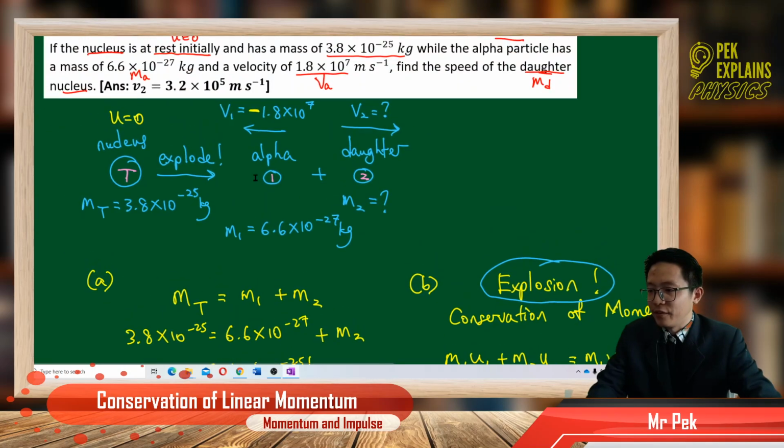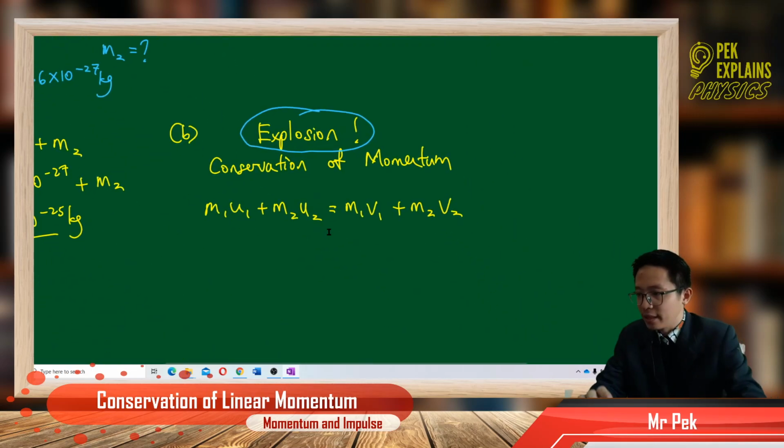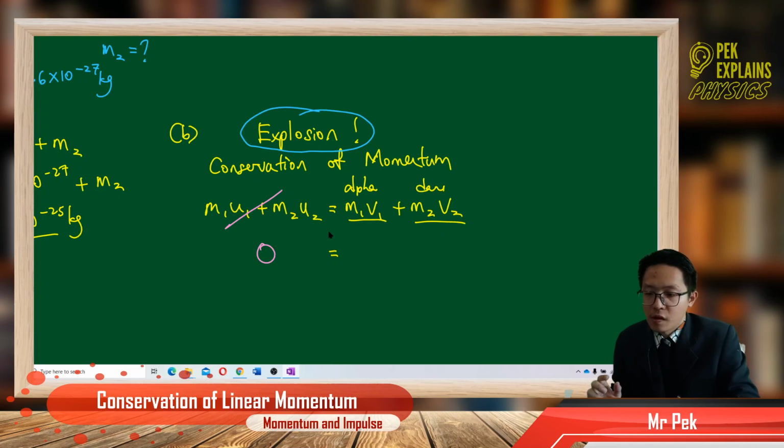For explosion, initially the velocity is 0, so initially no velocity, so 0 momentum. And then this is the alpha, and this is the daughter.